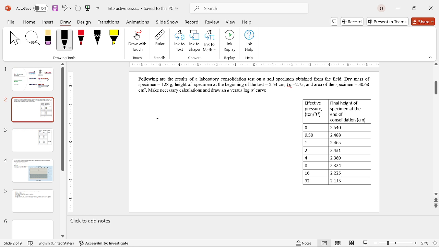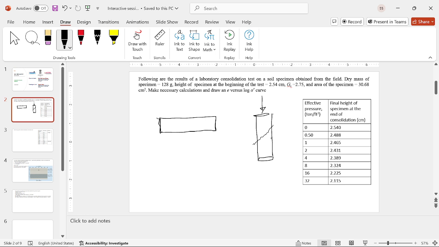So in a consolidation test, we use an oedometer. It has something like this. Okay, so it has a smaller depth than the length. Like in triaxial, we have a sample that is longer, and then we put load here and we see some kind of a shear failure.